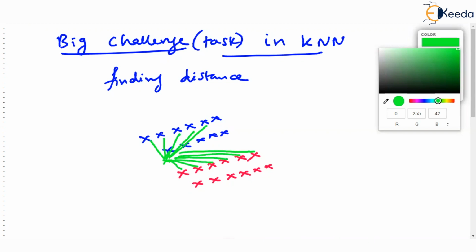Correct? I'm not drawing so many lines, but you understand that if there are n data points given, n data points. Do you understand? N data points means n rows in that data set.